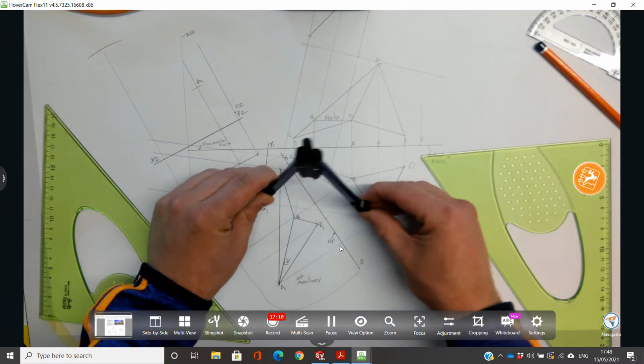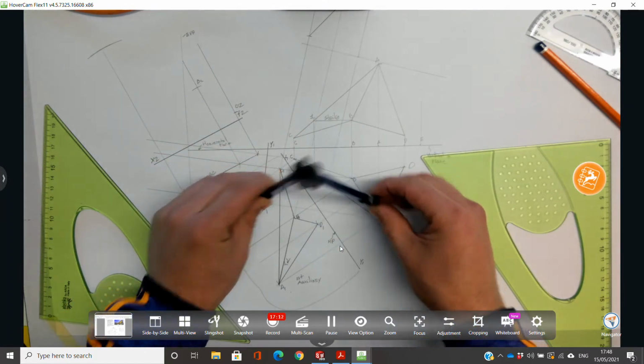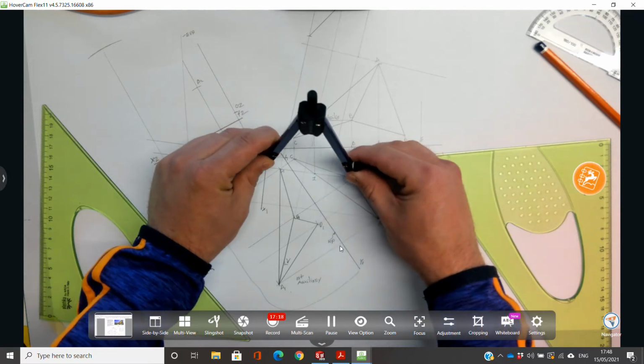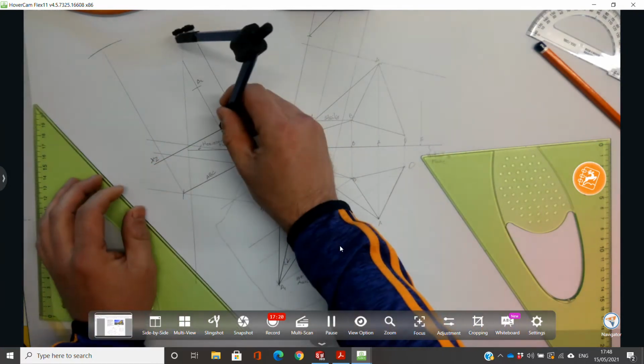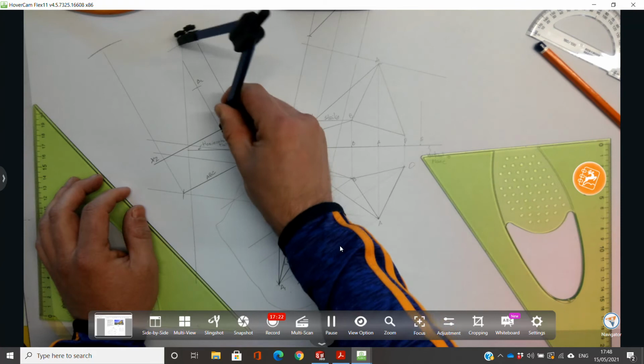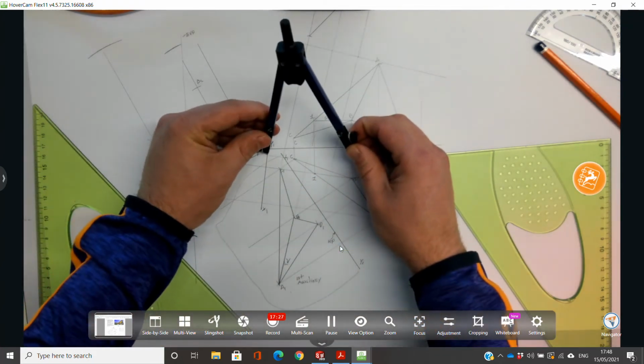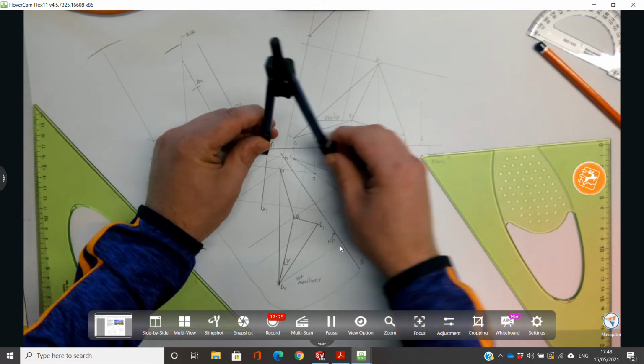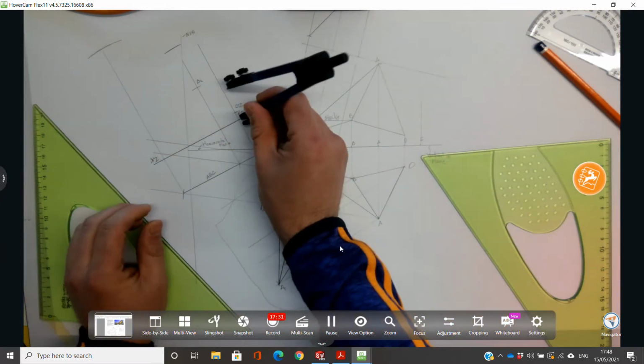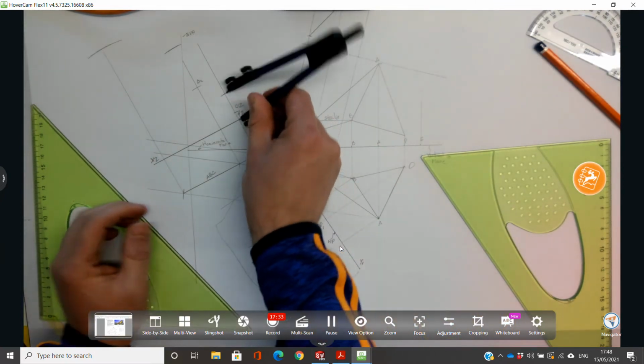Ridiculous. A, rather. A done right. B, I was taking it from the wrong x1 and y1 line. B, so there's B. And there's C. Okay, so that's where they should be.